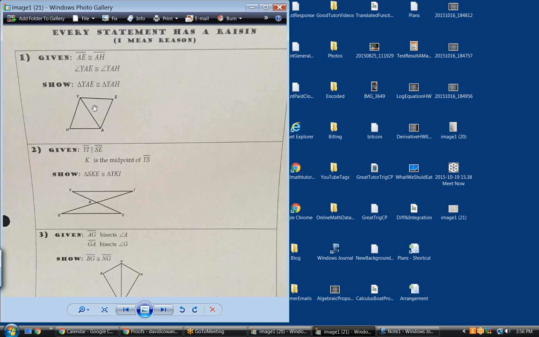Which one are we going to use here? We got that's congruent to that, and we got that angle is congruent to that angle. So which congruency theorem are we going to use? Angle side angle? We only got one angle. We got this angle equals this angle, and this side equals this side. The one in the middle is common to both.